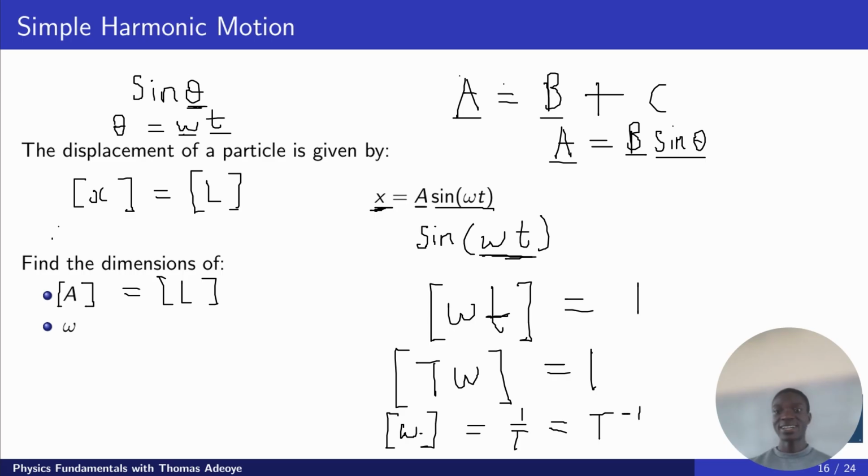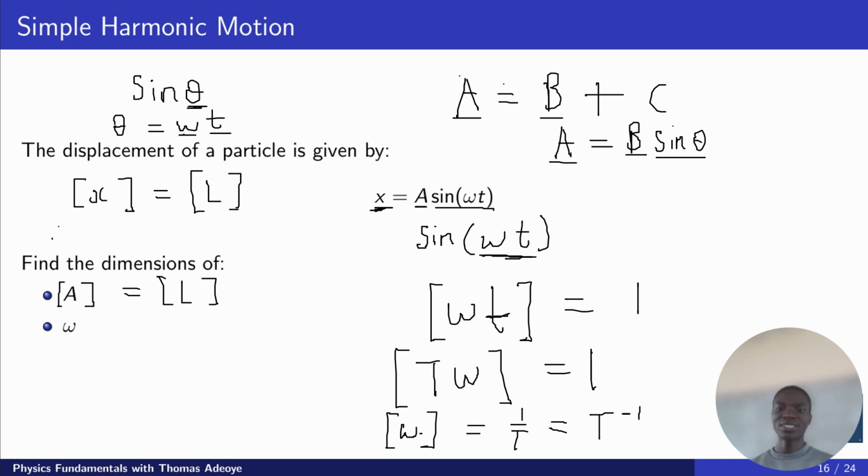The idea here is that the argument of this sine function must be dimensionless. I mean, its dimension must be unity, 1.